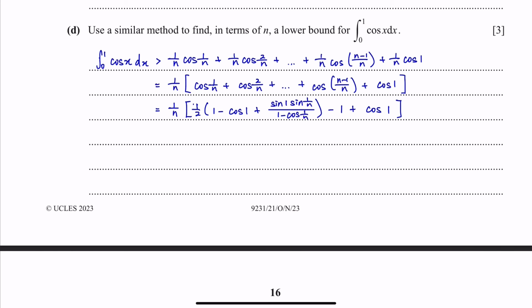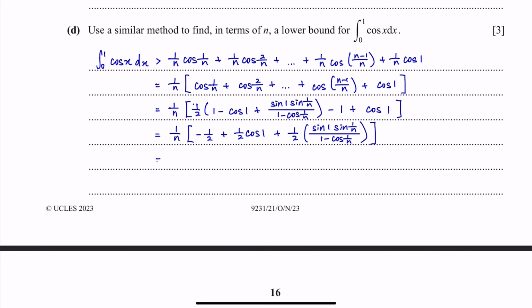So you would have 1 over n times negative half plus half cos 1 plus half sine 1 over n over 1 minus cos 1 over n.